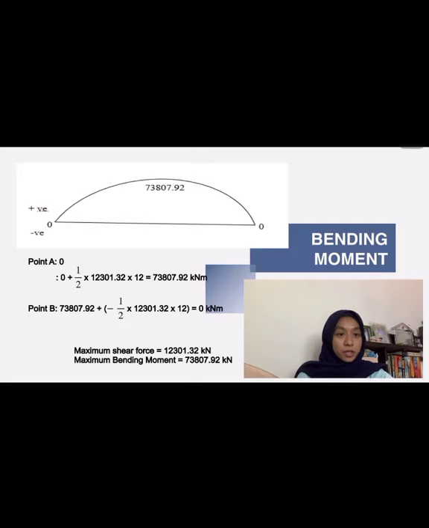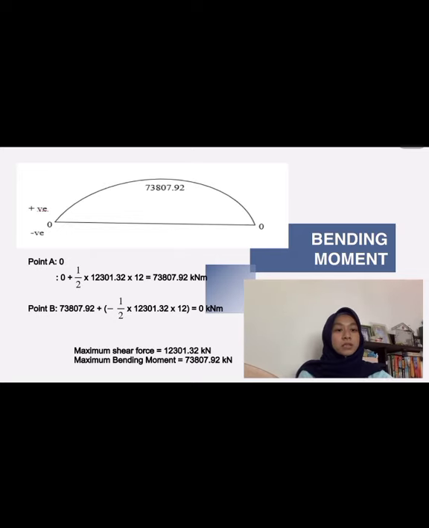For point B, we will do 73,807.92 plus negative 1 over 2 multiplied by 12,301.32 multiplied by 12, and the answer will be 0. So for point A is 73,807.92 and point B is 0.